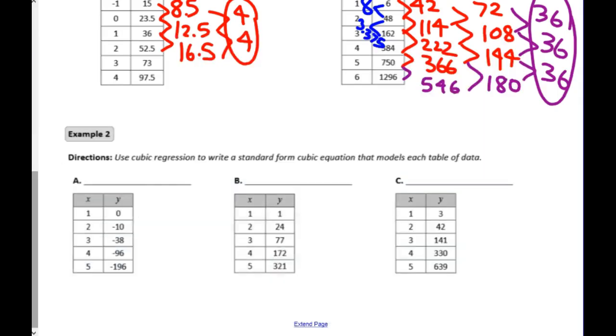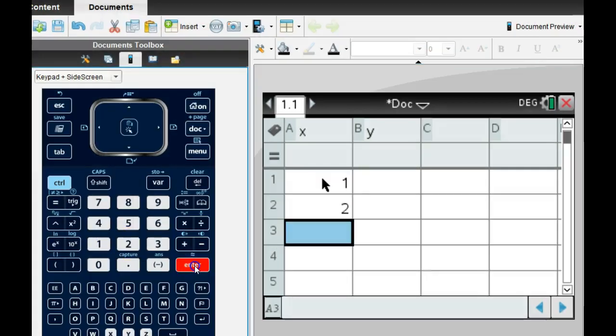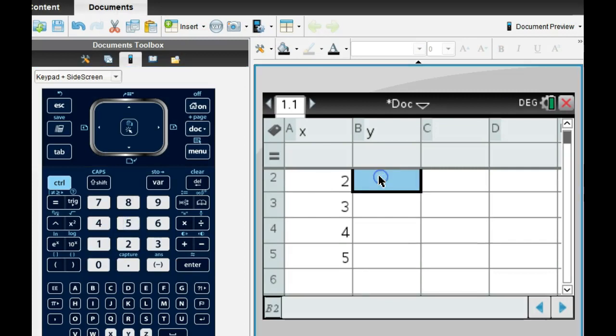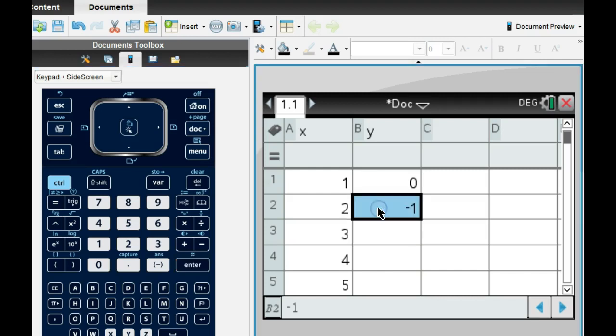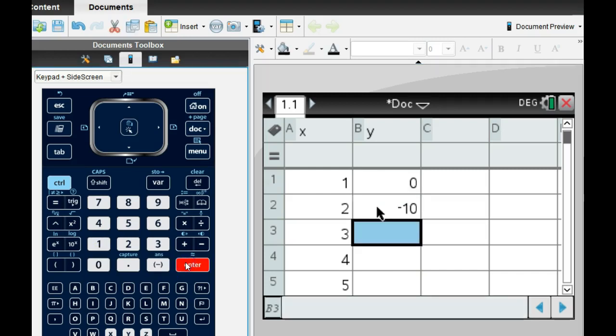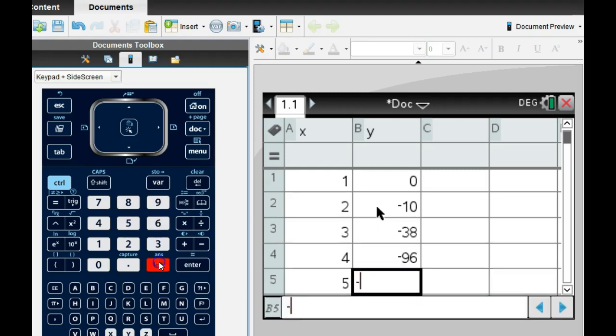Now on all three of these, we start with 1, 2, 3, 4, 5. So, let's type these in. 0, negative 10, not negative 1. Negative 10, negative 38, negative 96, and negative 196. Okay, so you know how to type it in, right?